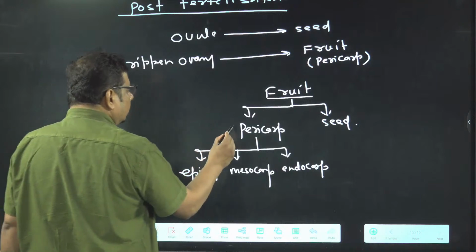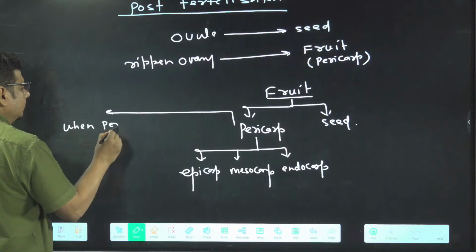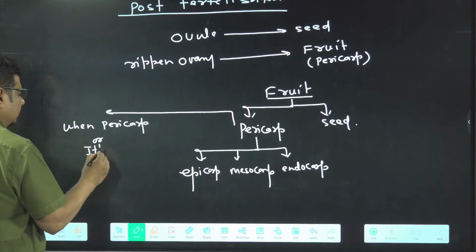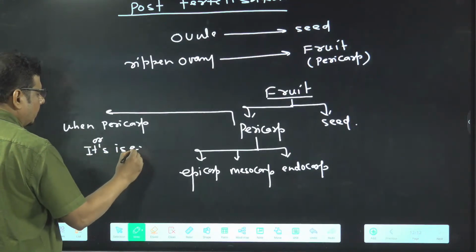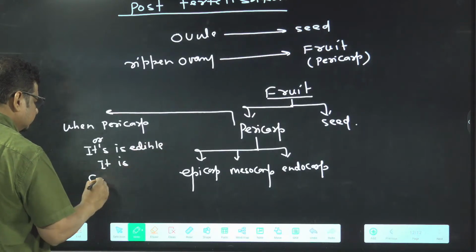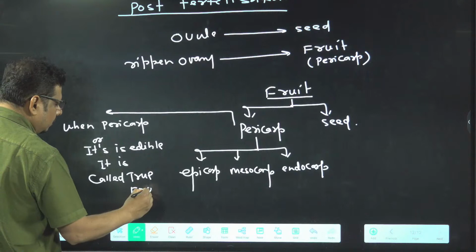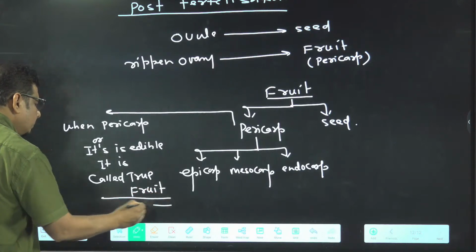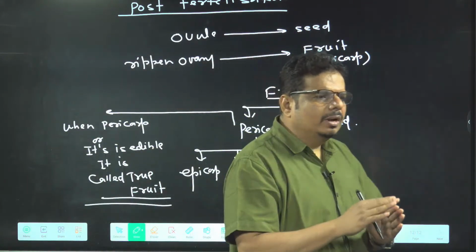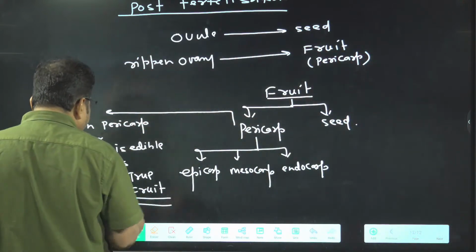So when the pericarp is edible, or its part is edible, it is called a true fruit. When who is edible? Pericarp or its parts, either epicarp or mesocarp or endocarp, only one or any 2 or all 3. In that case, what are we telling it?